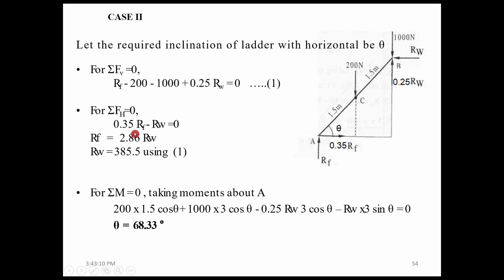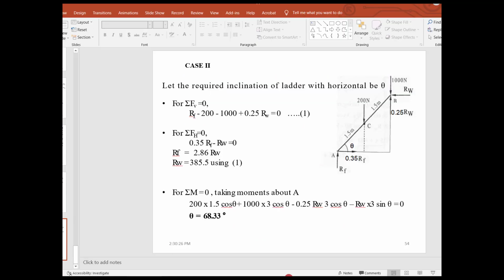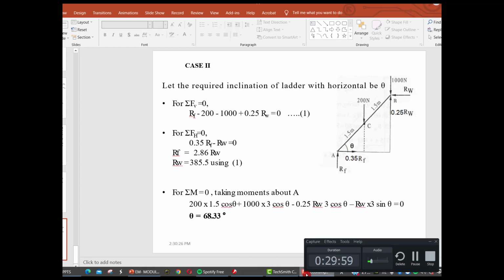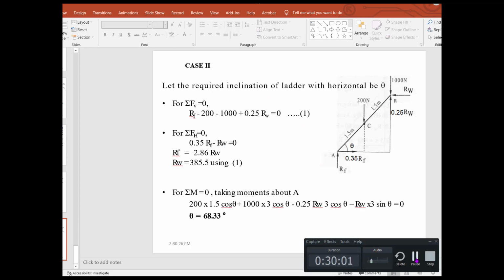Sigma FH is equal to 0, this horizontal force at this point 0.35 Rf, and we have the Rw, and if we can solve Rf and Rw, then taking the moment about A equal to 0, on that we have the unknown parameter theta, which can be solved, and the obtained value is 68.33 degree as a safe inclination, so that no external forces are required to make the ladder safe.